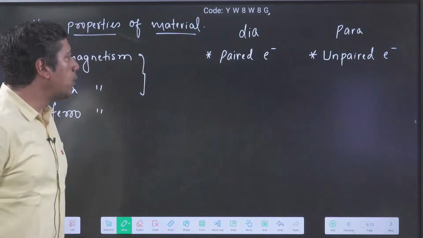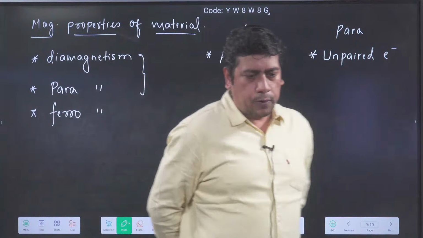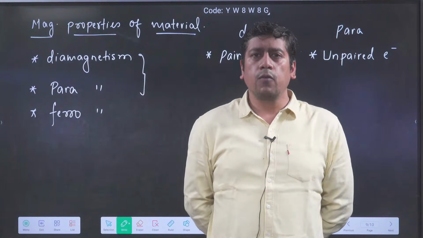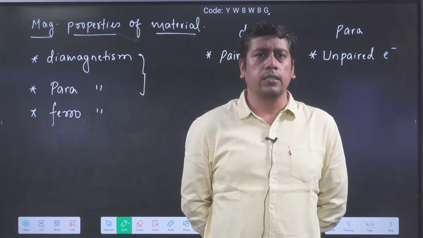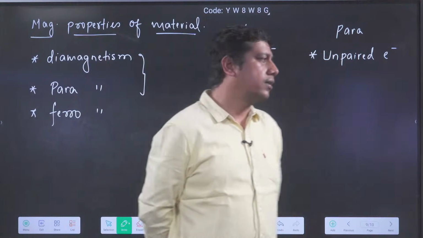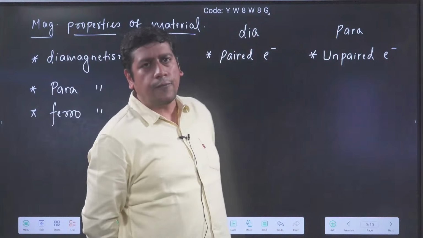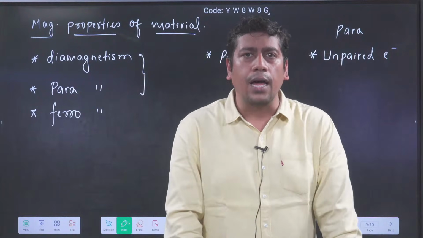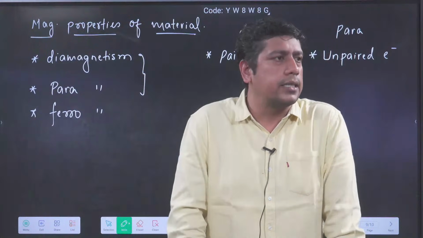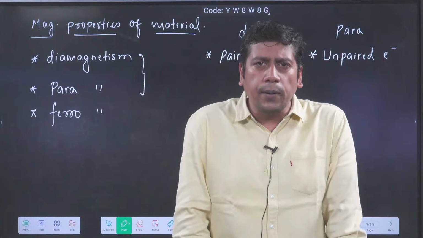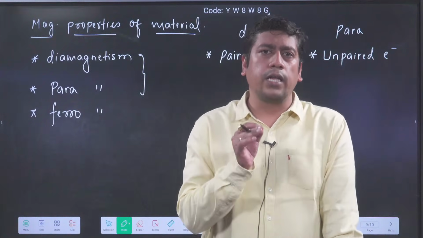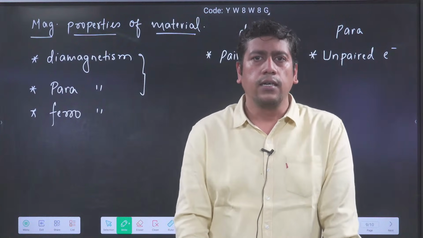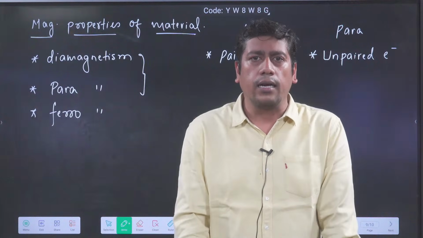Come to this paired electron and unpaired electron. Now one thing, let me make it very clear. Whatever we are going to discuss from now is with the help of classical physics. And classical physics is not a correct tool to understand the property of diamagnetism and paramagnetism. The magnetic properties can only be described with the help of quantum mechanics, which is beyond our level of understanding right now.